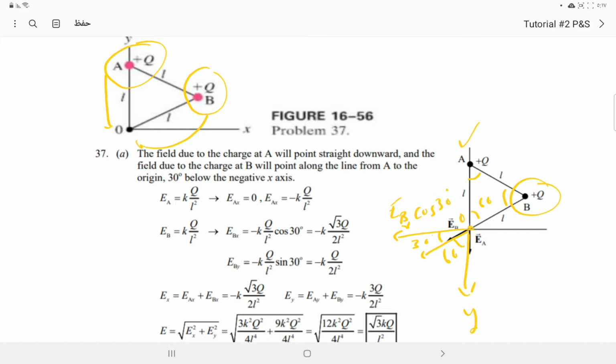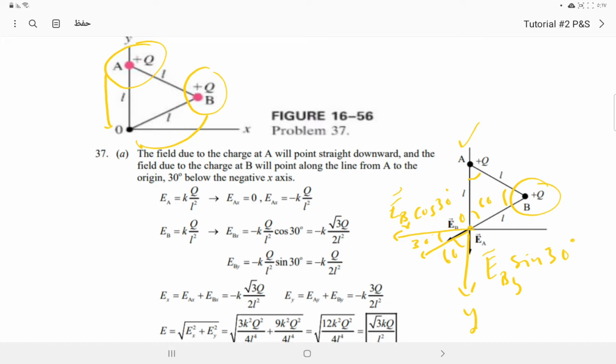We know that this is the angle 60, but we'll take the same angle as we took up there. So EB in the y direction is, this time, sine 30. Some of you may ask why we have sine 30 and cosine 30. You can take 60 actually; it's up to you.